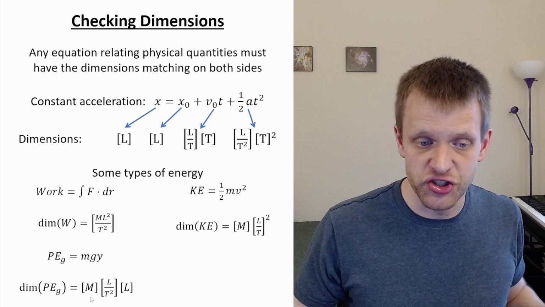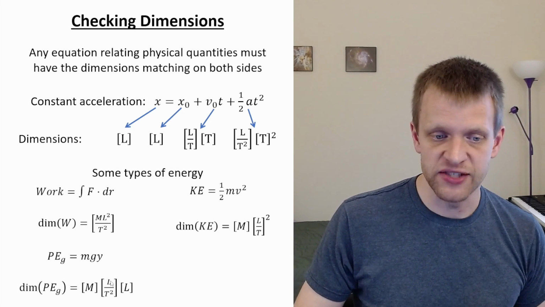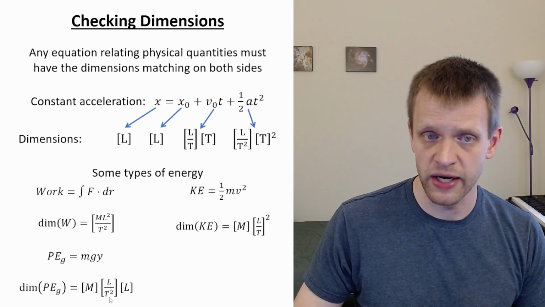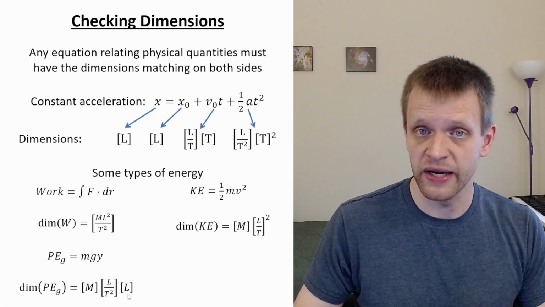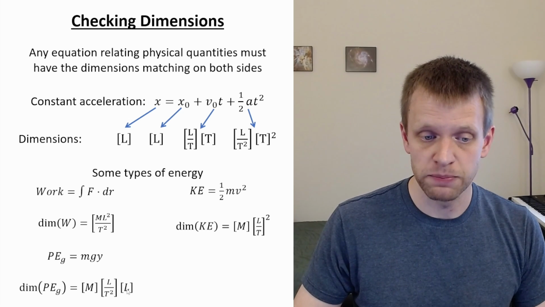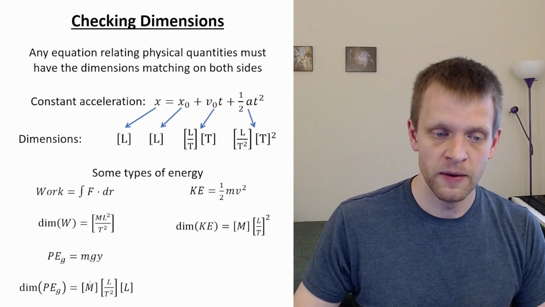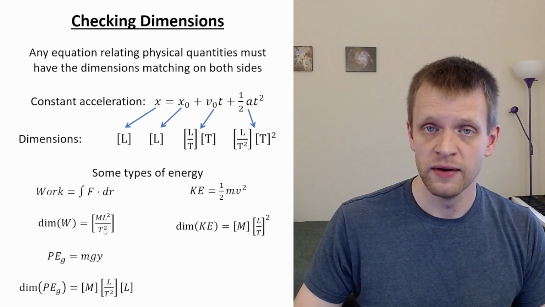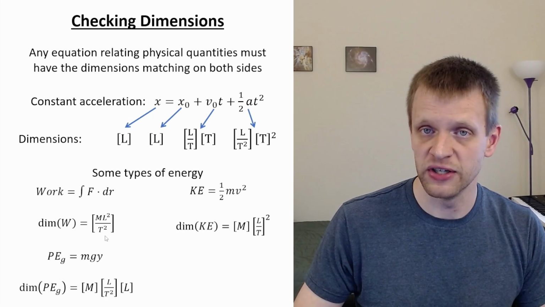Well, the mass is just m. Little g has dimensions of length divided by time squared, and we multiply that by another length. So when I multiply these two lengths together, I get mass times length squared divided by time squared. Again, matching our definition of work.